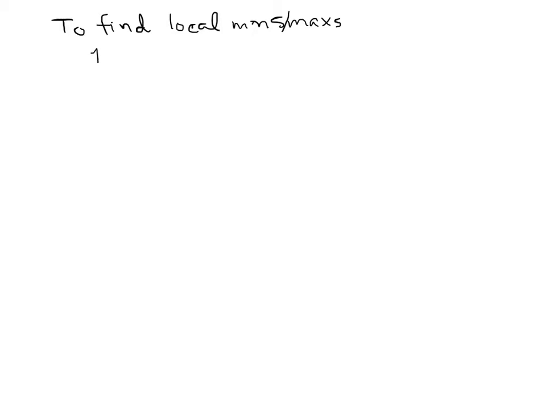The first thing that you want to do is find the partial with respect to x and set it equal to 0, and the partial with respect to y and set that equal to 0, and then solve for the x, y points that give you that both of these partials are 0.